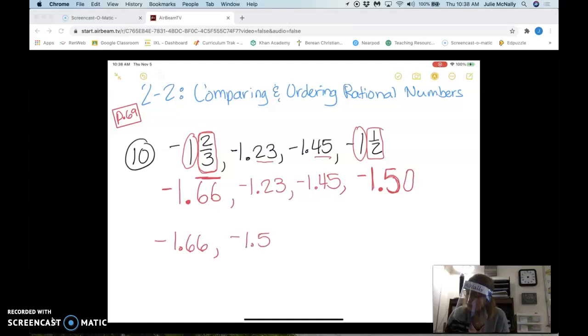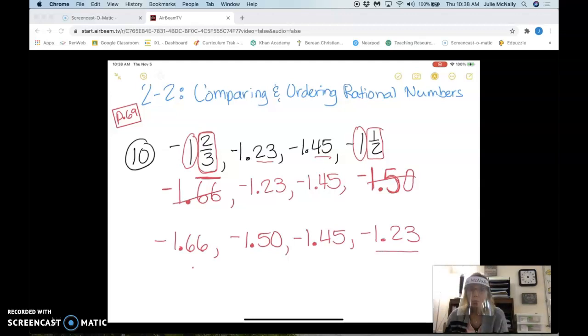And the next? Negative 1.45. And the last? Negative 1.23. And these are from least to greatest because this number down here is actually the closest to 0. And so it would be the greatest number.